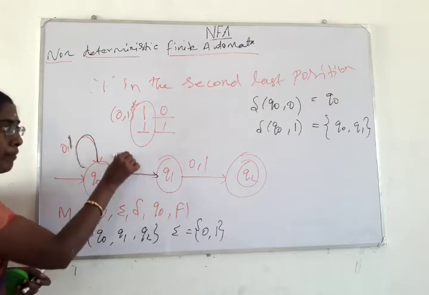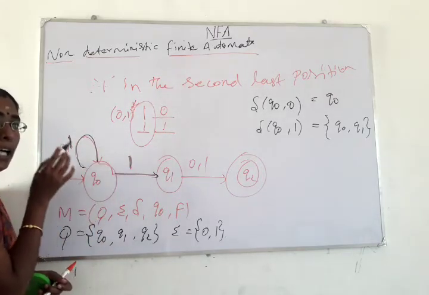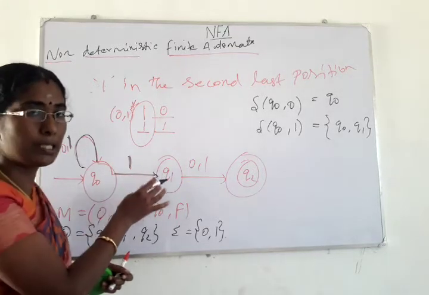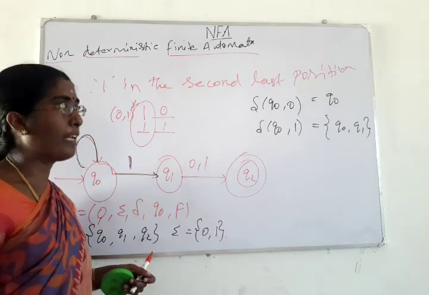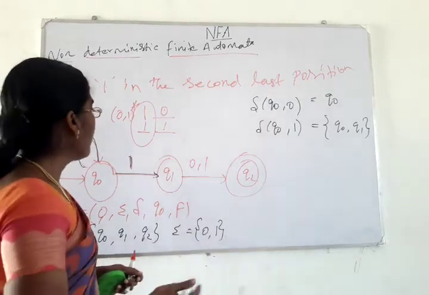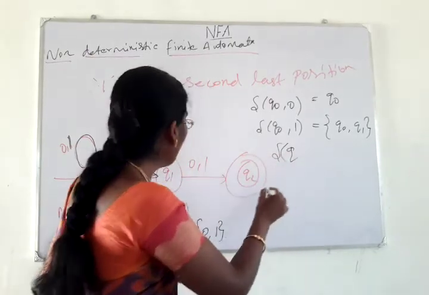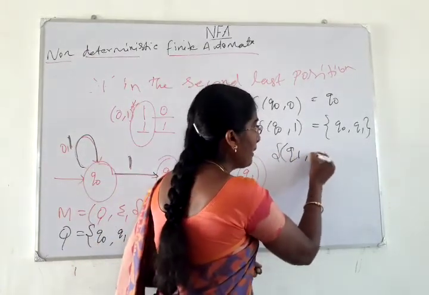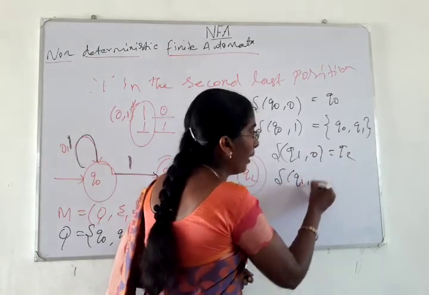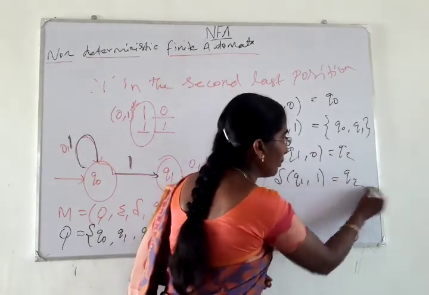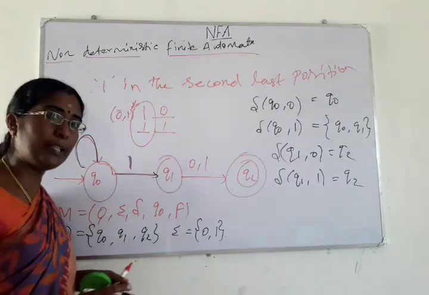This is the major difference between DFA and NFA. For the same symbol, here we are having two transitions, right? But this type of transition will never come under a DFA. And what is the next transition? δ(Q1, 0) is equal to Q2 and δ(Q1, 1) is also equal to Q2. These are the set of transitions present in this particular NFA.